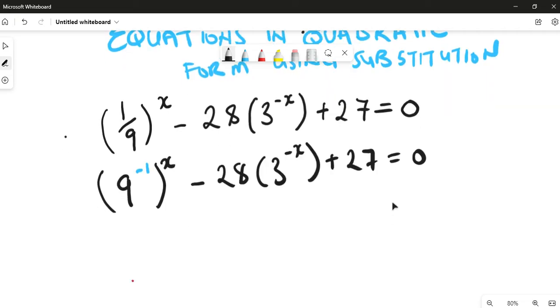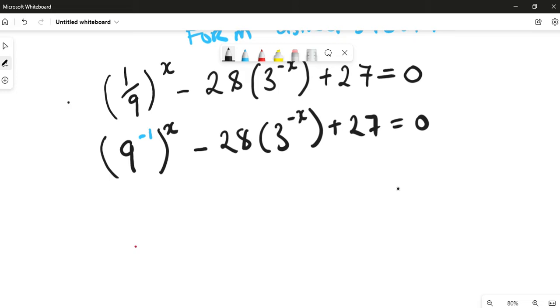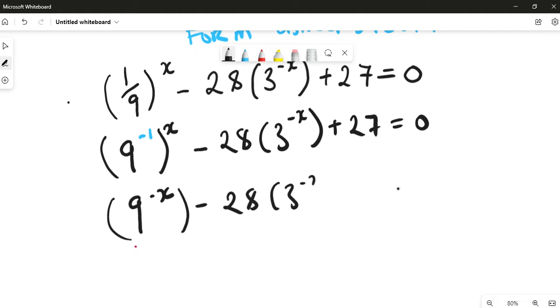All right, so here let's convert this 9 into the base of 3. First, before we do that, negative 1 times x gives us negative x. So we have 9 to the power negative x minus 28, 3 to the power negative x plus 27 equals 0.